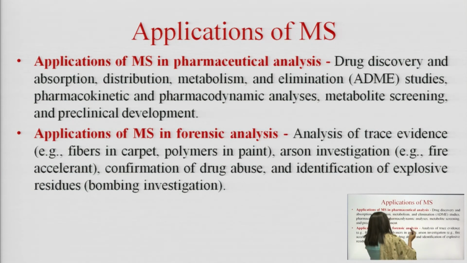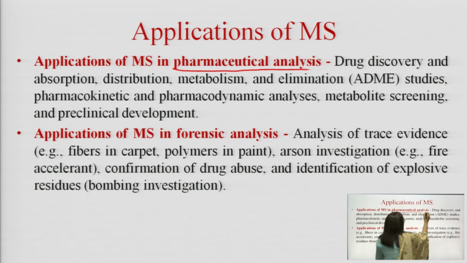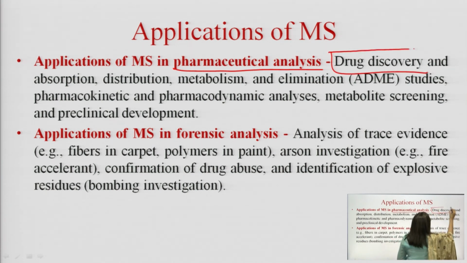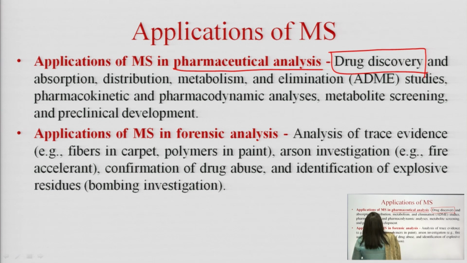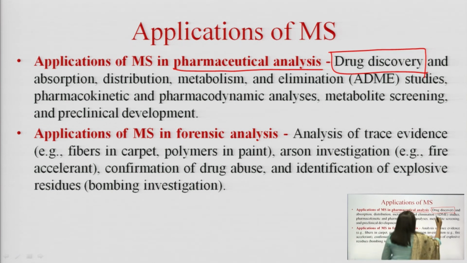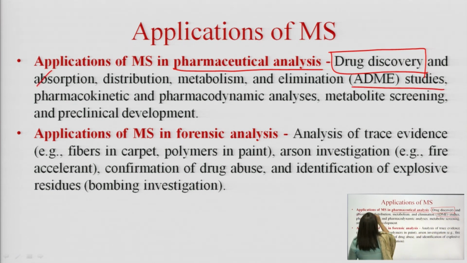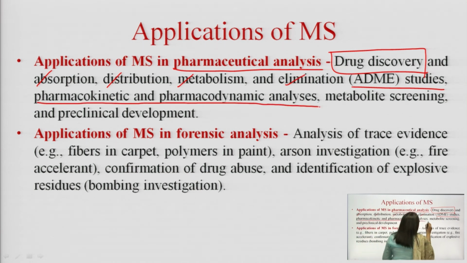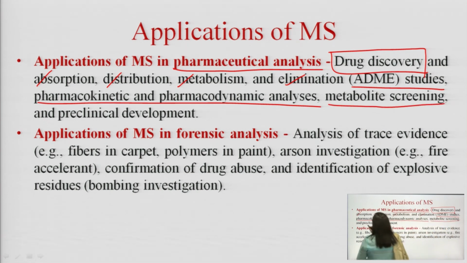Next is the application of MS in pharmaceutical analysis. Starting from drug discovery or new drug development and ADME studies, which include absorption, distribution, metabolism and elimination studies, pharmacokinetic and pharmacodynamic analysis, metabolite screening and preclinical development, MS plays an important role.